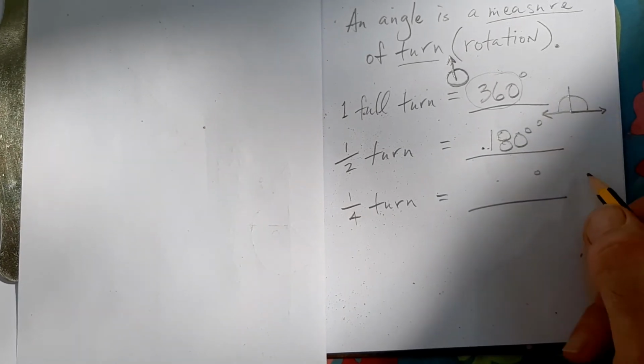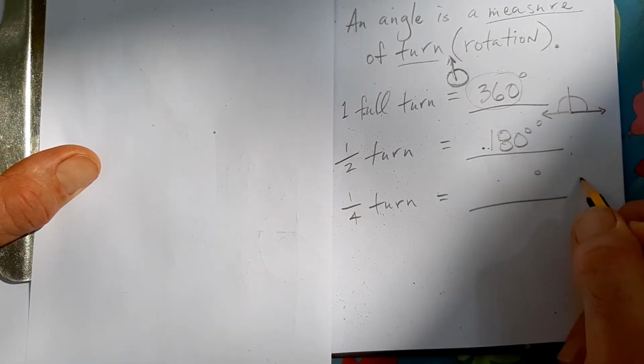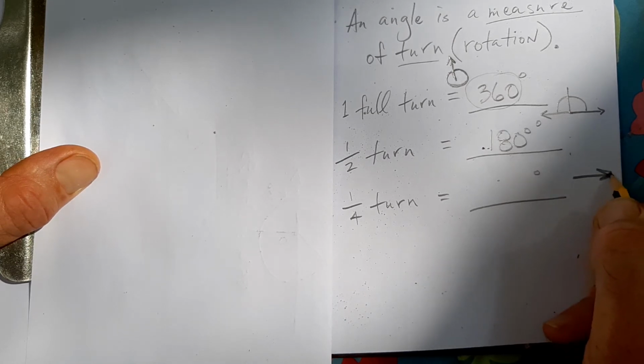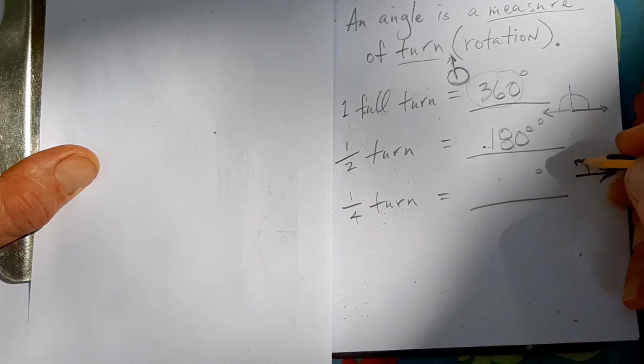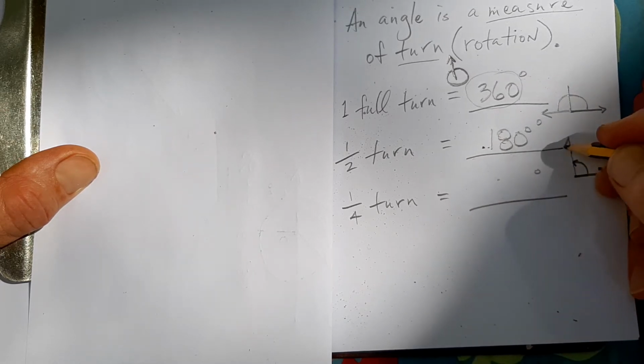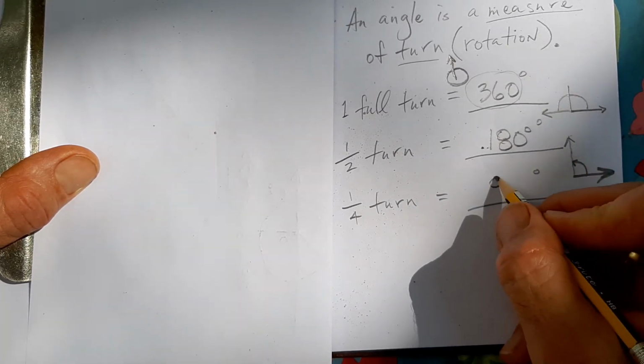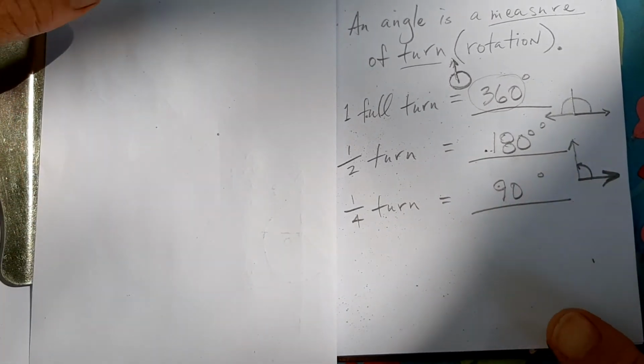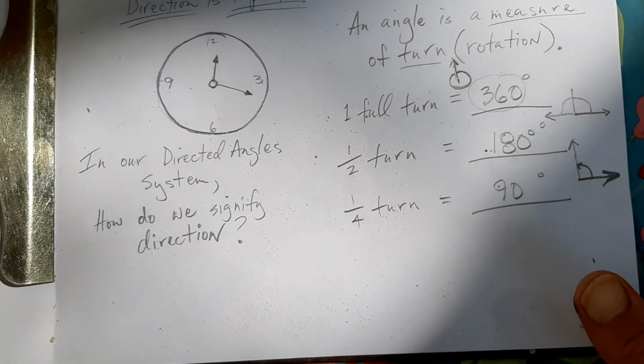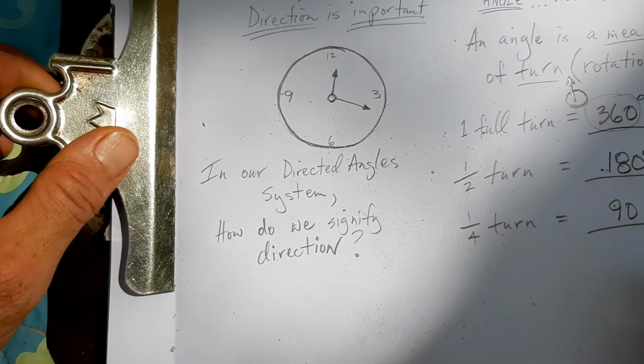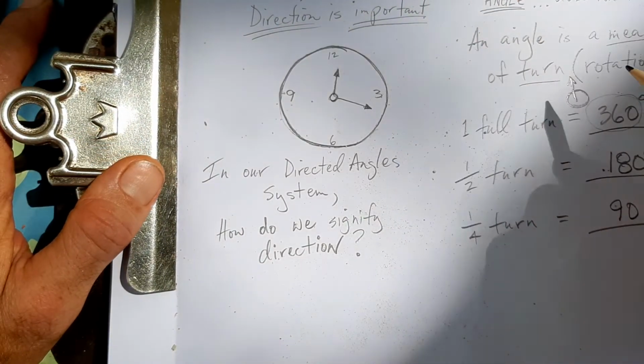I'm looking out the positive x-axis, I turn a quarter of a turn, half of a half, I turn how far? A right angle is, okay, just a little review, and we'll break those down further into more variables. Okay, and so that's angles.